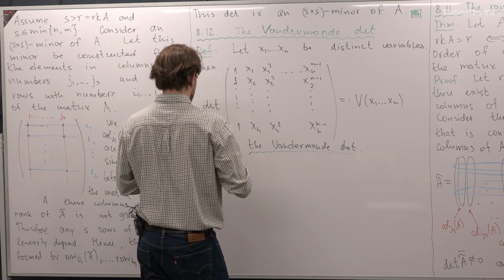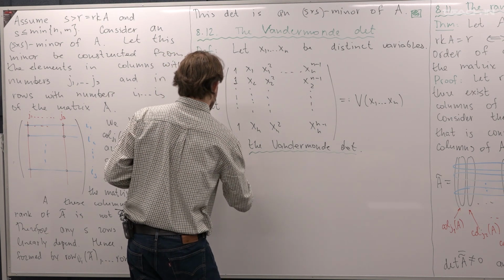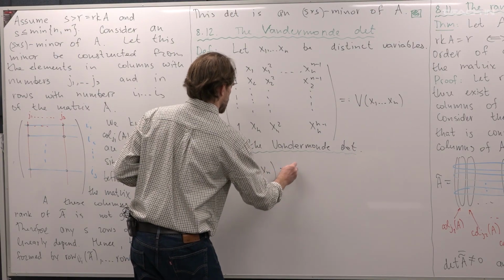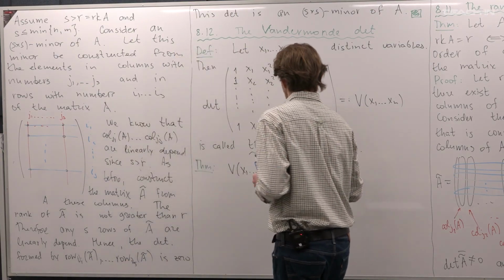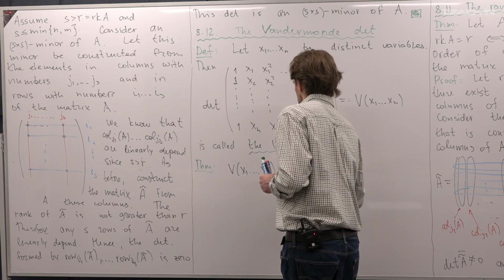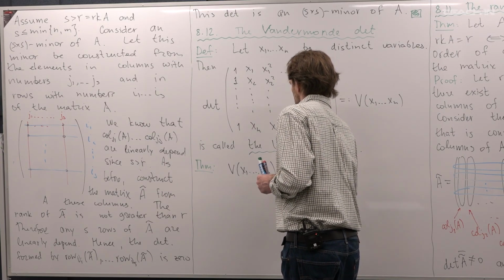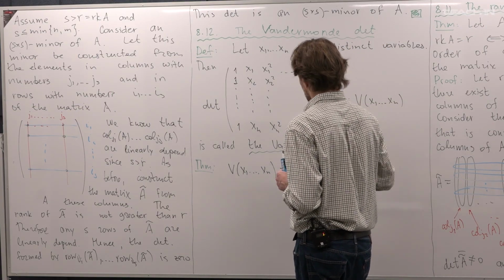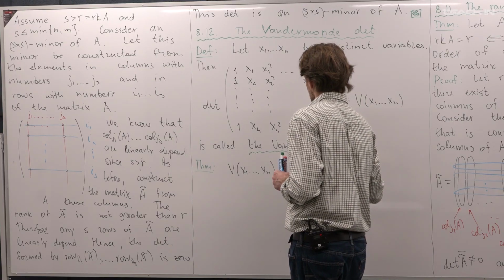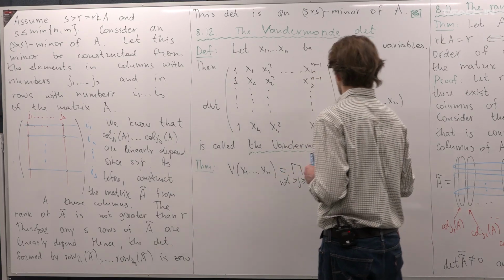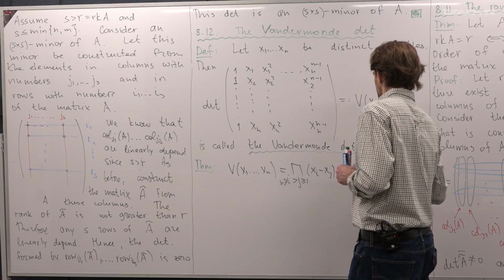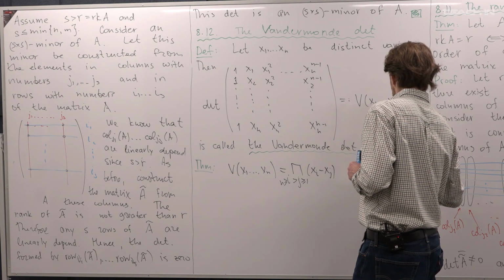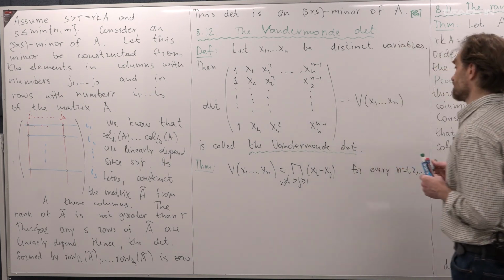So the theorem states that V of x1, etc., xn equals the product over I greater than j of the elements of the following form: x sub I minus x sub j, for every natural n.